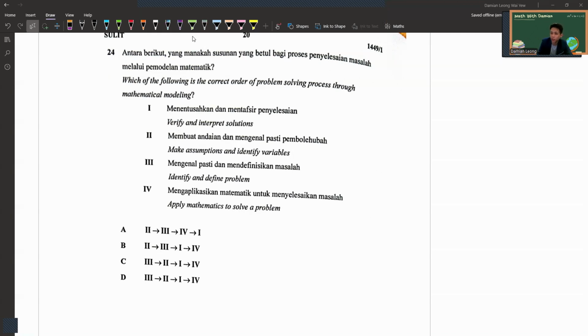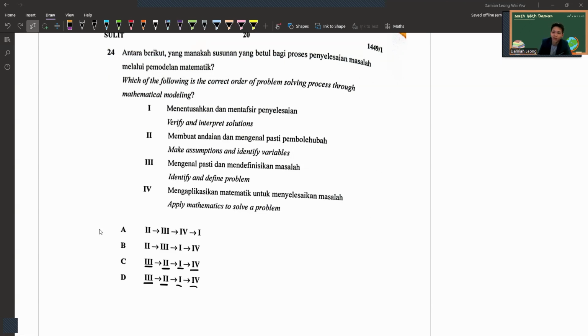So it's 3 first, either C or D. After identifying and defining the problem, we have to make assumptions and identify variables, which is the 2. Then verify and interpret solutions, then apply maths to solve the problem. So C and D are the same answer here.